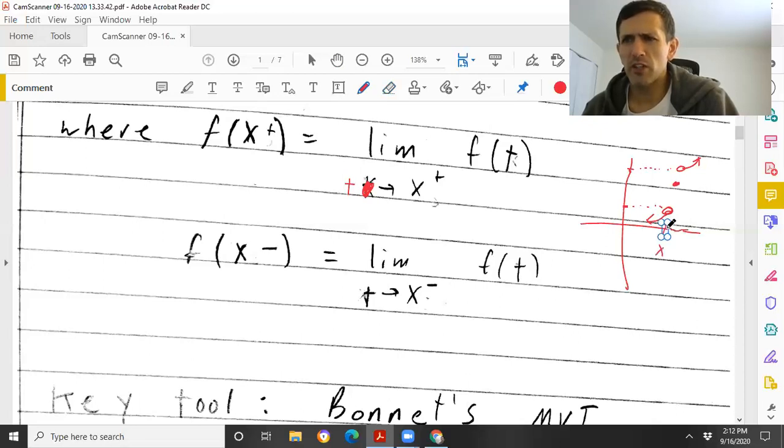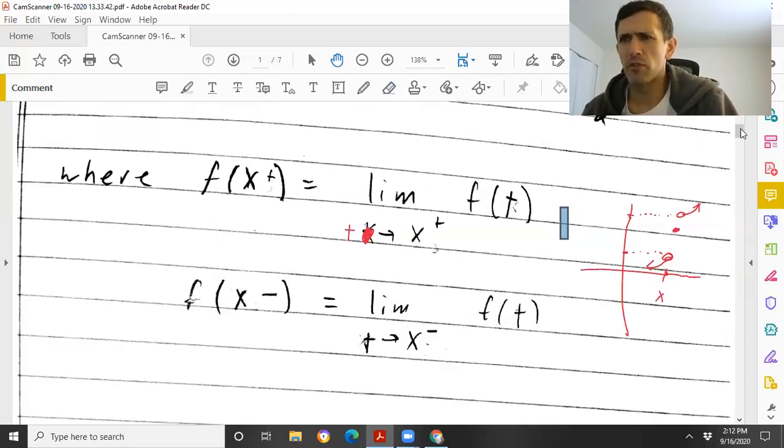Anyway, so yeah, Dirichlet's theorem is saying it really doesn't matter what f is at the point. What really matters is what these left and right-hand limits look like, and we take the average, and that's what the Fourier series converges to.